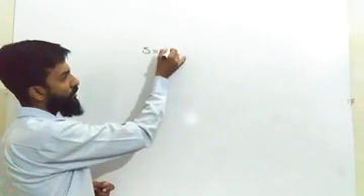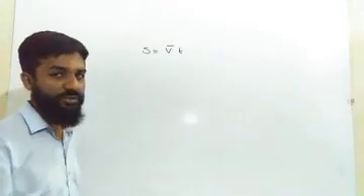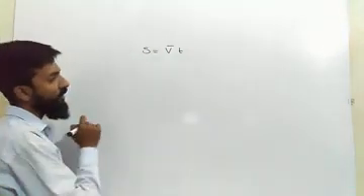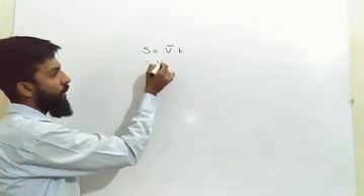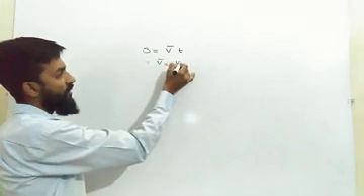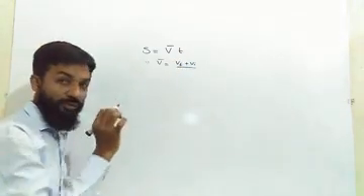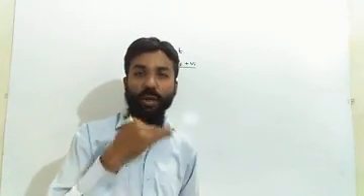S will be equal to average velocity into time. Here the average velocity is equal to final velocity plus initial velocity divided by 2. The body has two velocities: initial velocity Vi at the initial level and Vf at the final level.